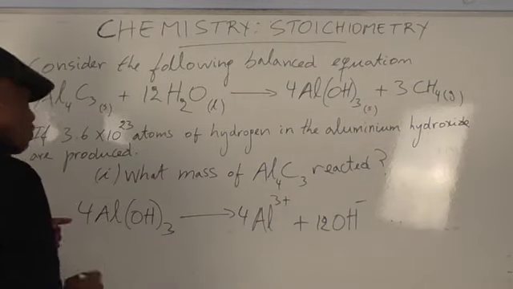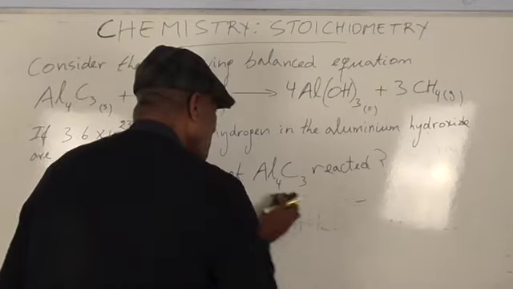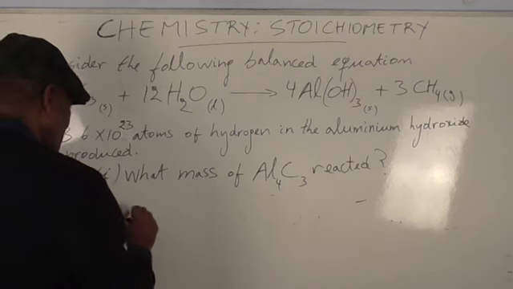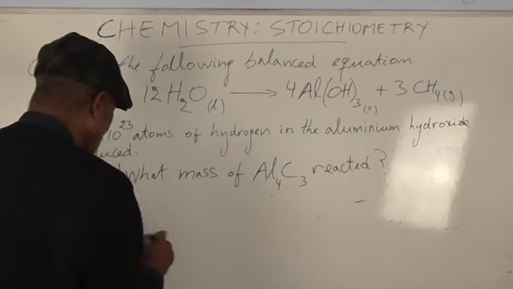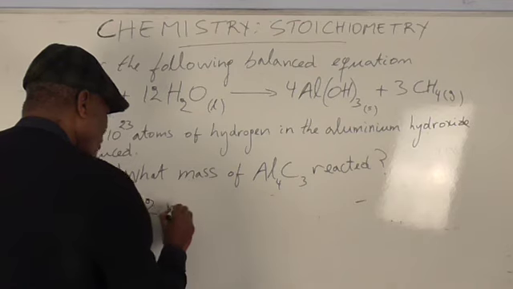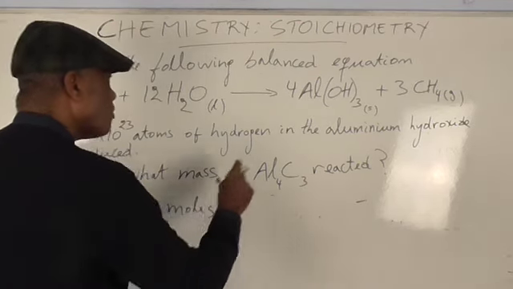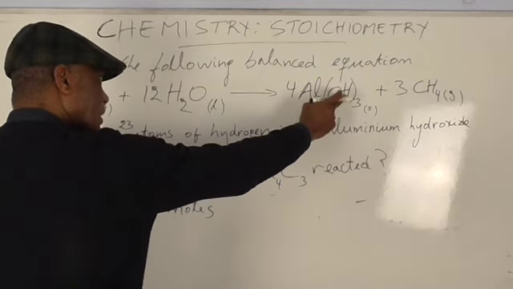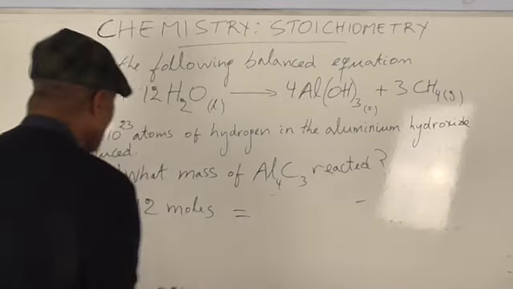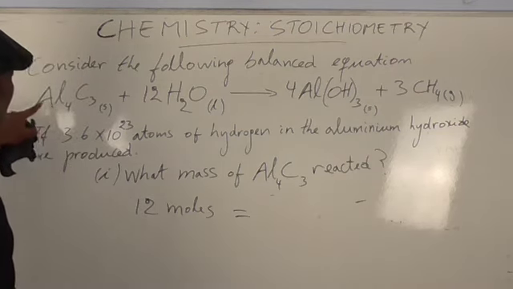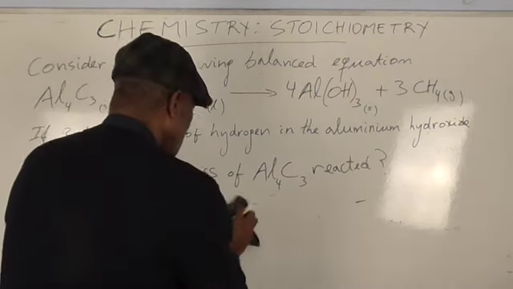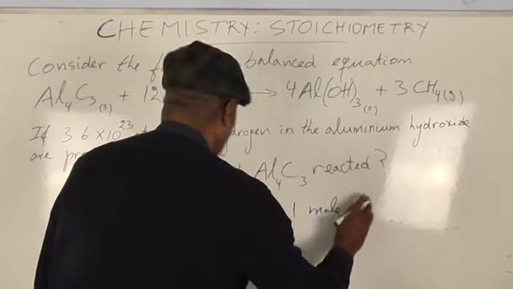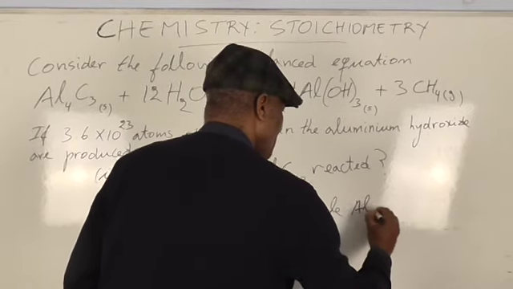Now, because we know the ratio is 1 mole, if we have 12 moles of OH minus, that means 12 moles of hydrogen there, this will be equal to 1 mole of aluminium carbide.